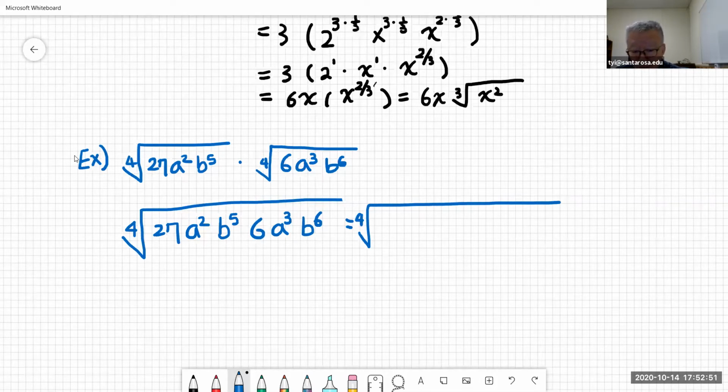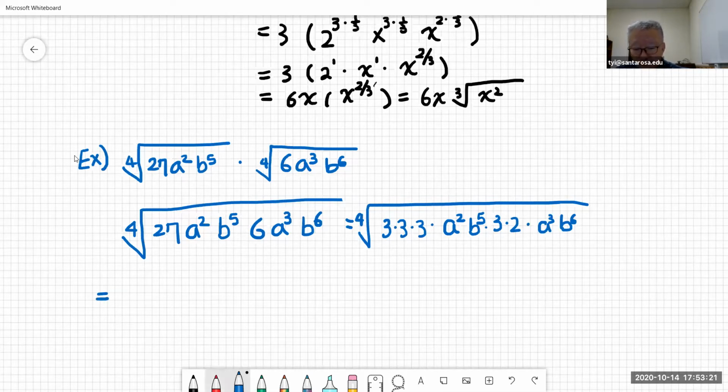So that's going to be 3 times 3 times 3. Then I have a squared b5, but 6 you can also write as 3 times 2. Then I have a cubed and b6. So we're going to take care of the number first, and we'll come back to the variables here.